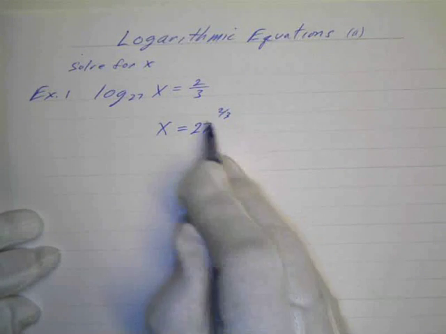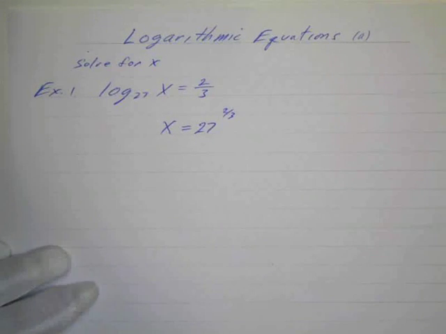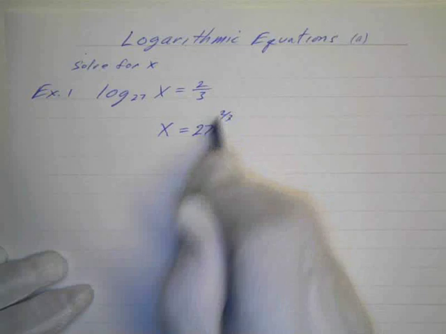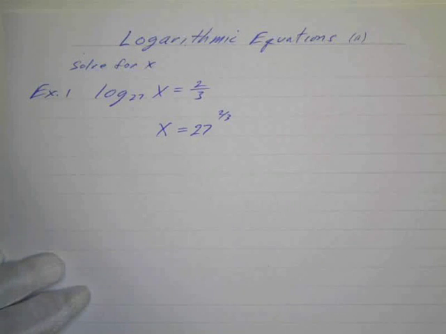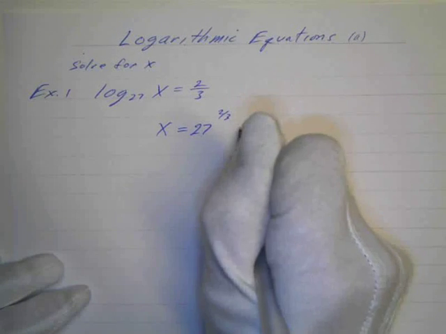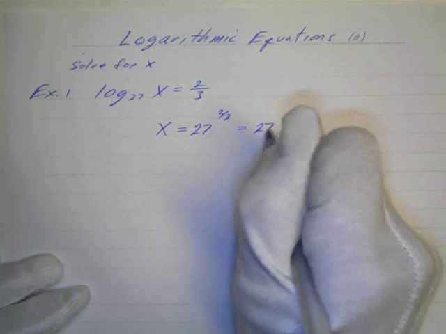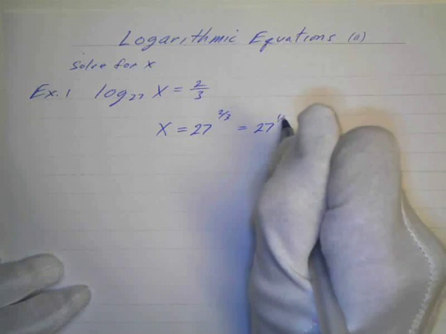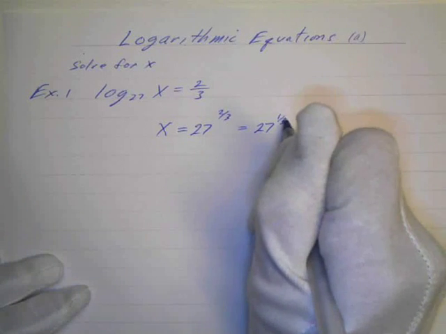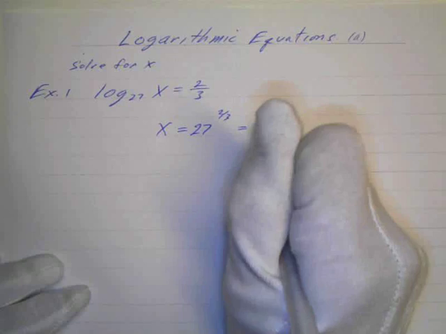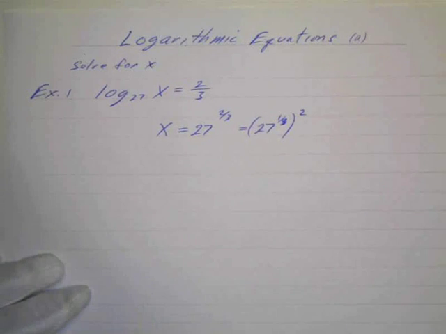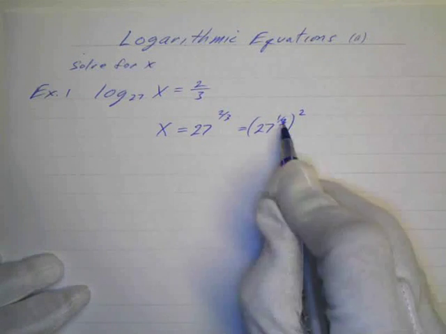So now we have a fractional exponent. So when we have these fractional exponents, we always kind of want to root first, power second. In other words, make the number smaller then larger. So we could rewrite this as 27 to the 1/3 power, all raised to the second. Okay, that's 1/3.